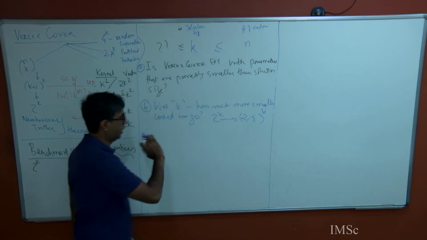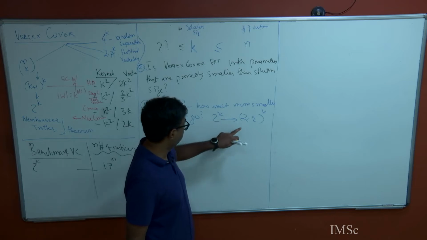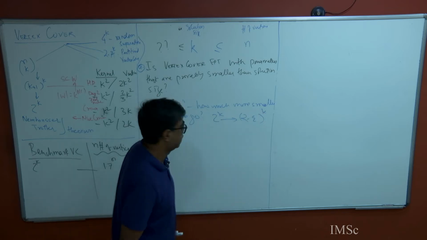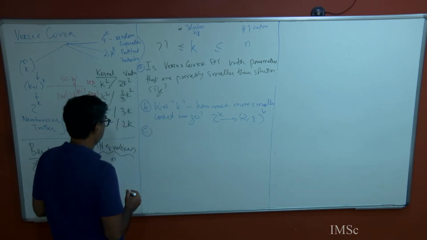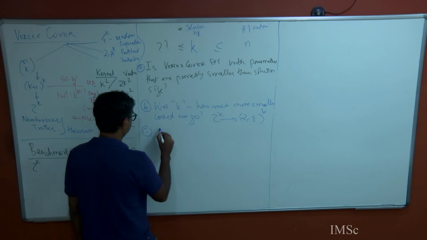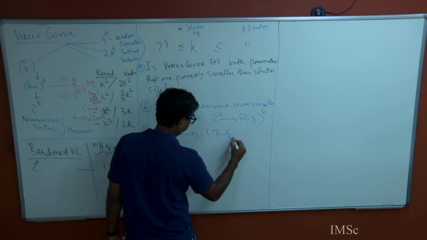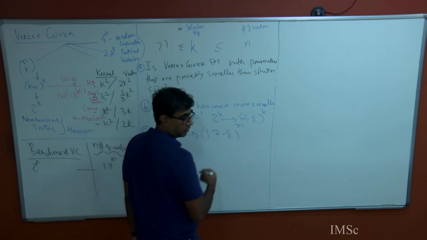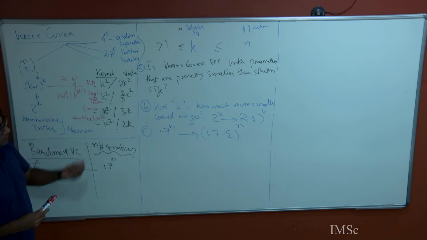I am not talking about polynomial dependence anymore, but from 2 to the power k, can I go to (2 minus epsilon) to the power k? I have a 1.7 to the power n algorithm. Can I go to a (1.7 minus epsilon) to the power n algorithm? I could ask various sets of questions, and they could lead to various sets of answers. Now we will zoom into some of these questions and try to see where we reach.